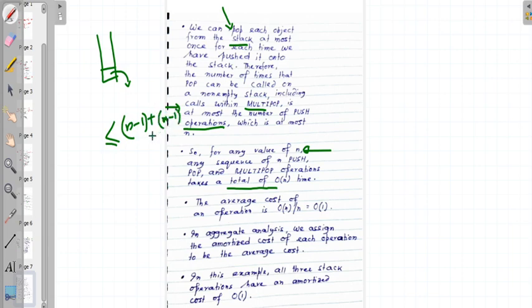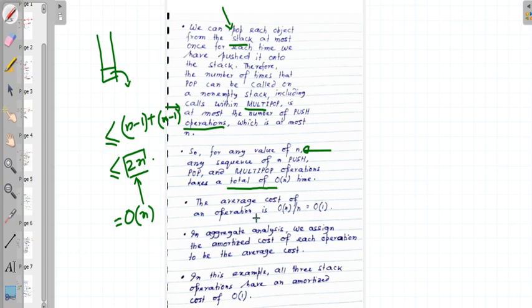So for any such sequence of n operations, this is 2n minus 2, which is less than or equal to 2n. So any sequence of n operations is bounded by 2n, which is order of n. That way also you can proceed.